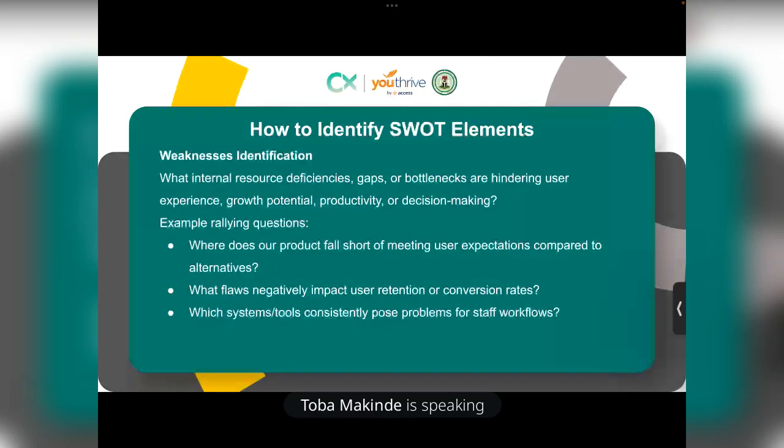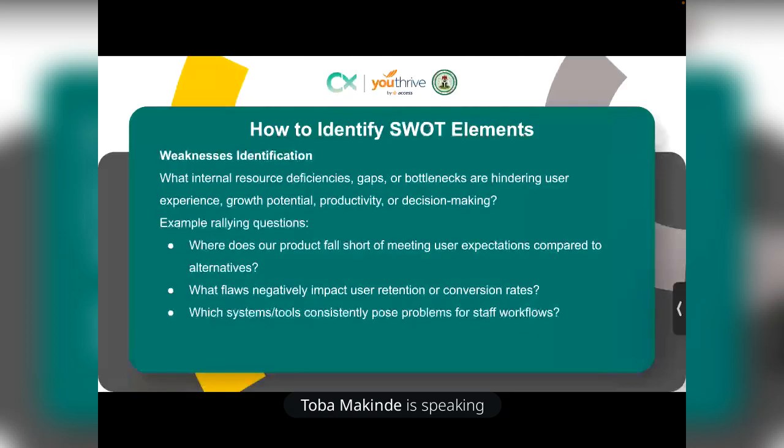And then for weakness, you're asking, what are the internal resource deficiencies, gaps, bottlenecks that are hindering user experiences, growth potential, productivity, and decision making.